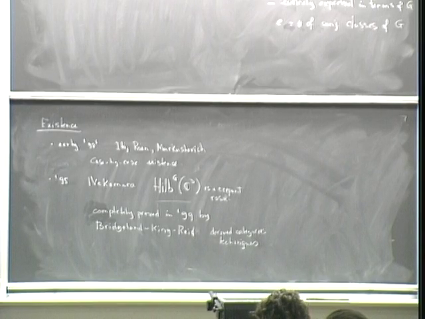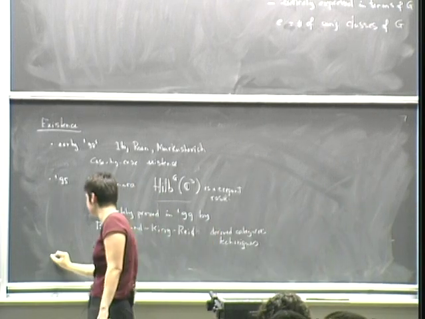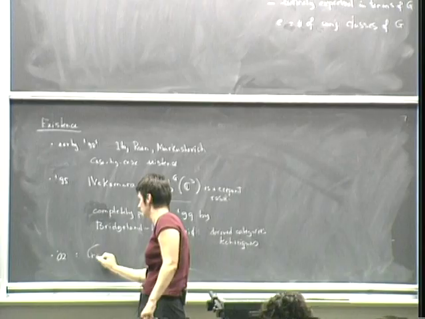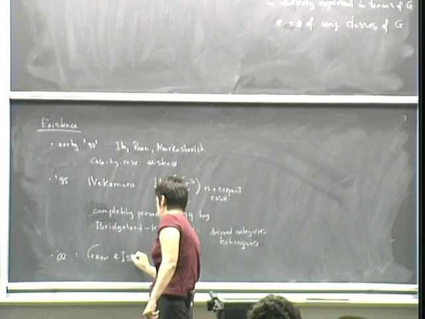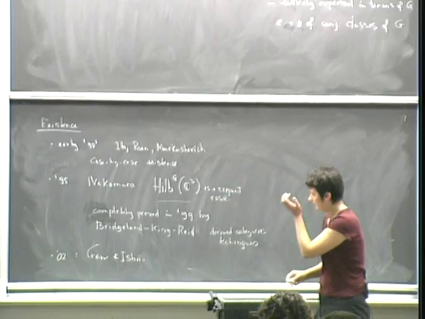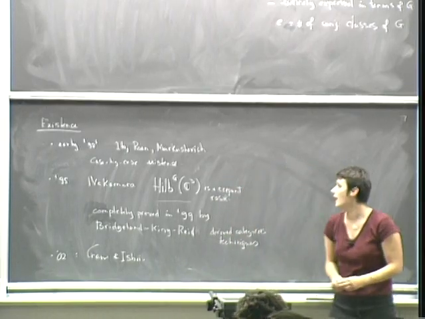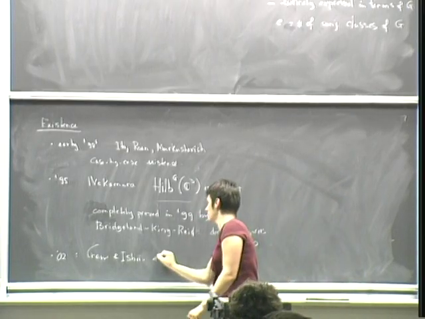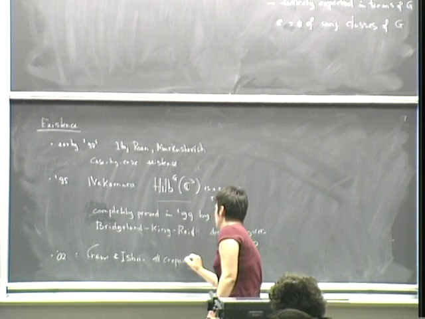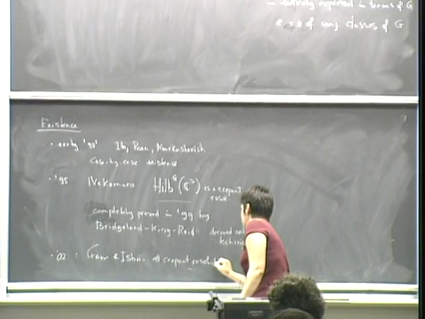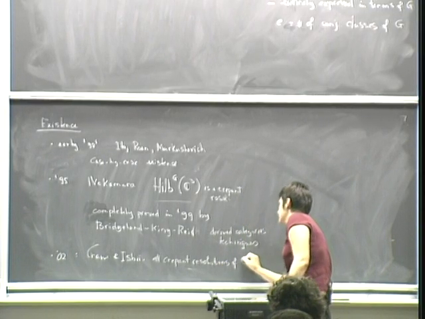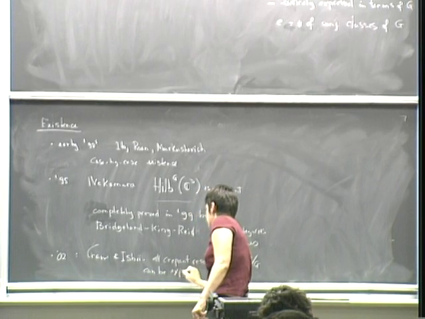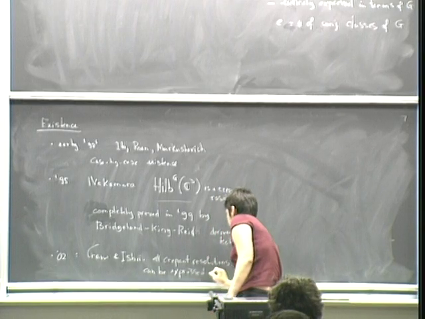And then another result in terms of existence came last year, when Craw and Ishii conjectured that all the Crepant resolutions of C3 mod G can be expressed as moduli spaces.